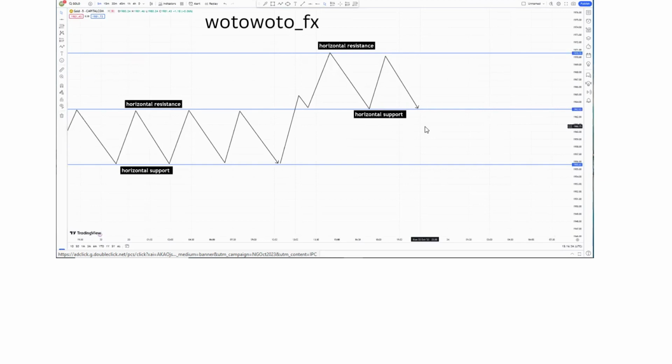So now, the third scenario is when the market comes from the upside and comes to this support level, and it breaks this support level and comes back and tests this support level. What is after the break of this support level?